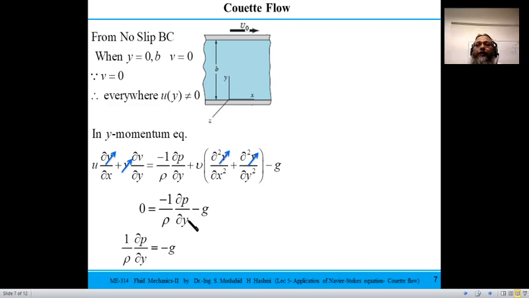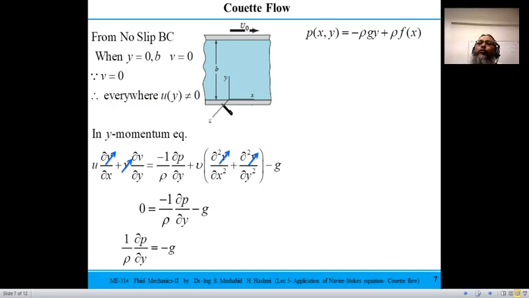Or you can write it like this, bringing it onto the other side because it's negative. If you go onto the left hand side, it becomes positive. At this point, you know that the pressure is varying with y. So if you multiply rho with g and integrate, since it's a partial derivative, pressure would be a function of more than one variable.